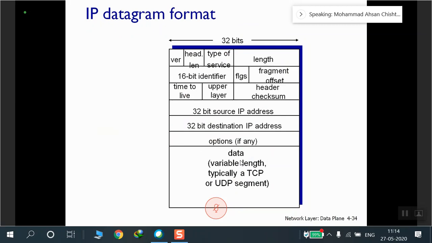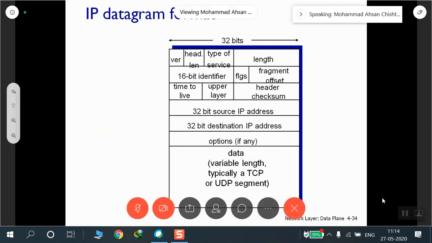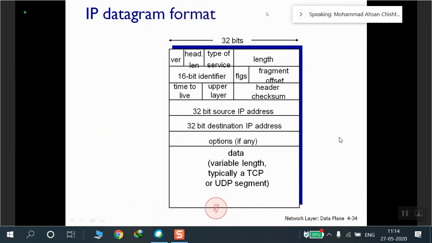Also, in a previous class we discussed that we come across a number of different addressing types. In the data link layer we have the MAC address, in the network layer the IP address, and if we go to higher layers like the application layer, we have host names. Also, there was a question: why do we need an IP address if we have a MAC address, or why do we need a MAC address when we have an IP address? We took this in our previous class as well.